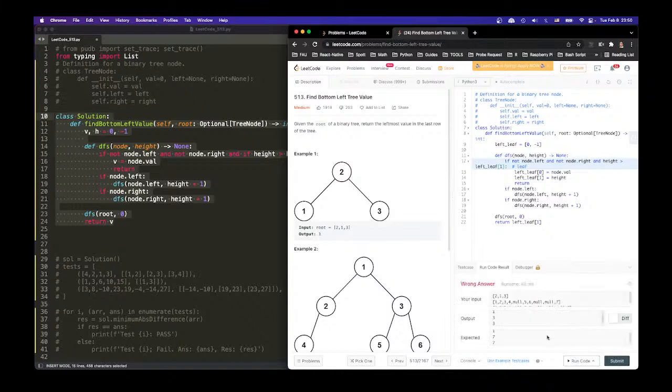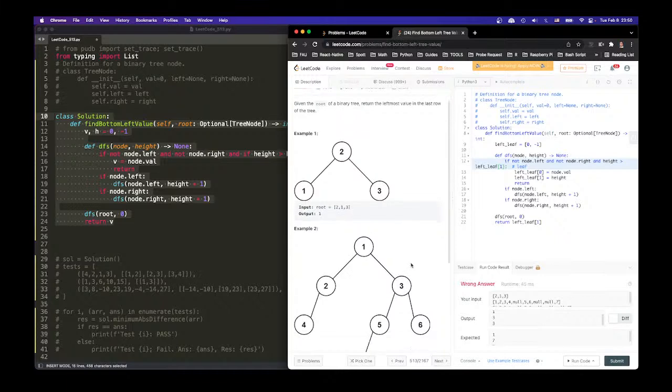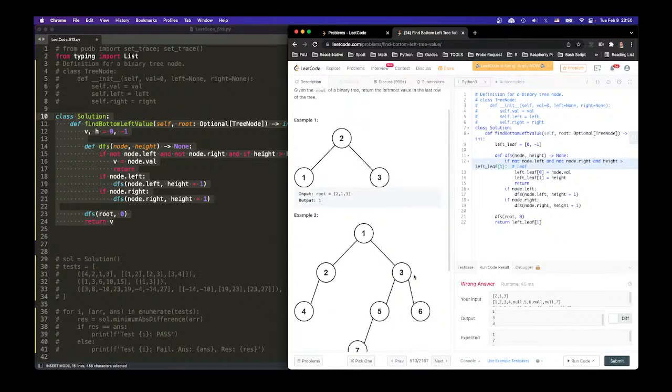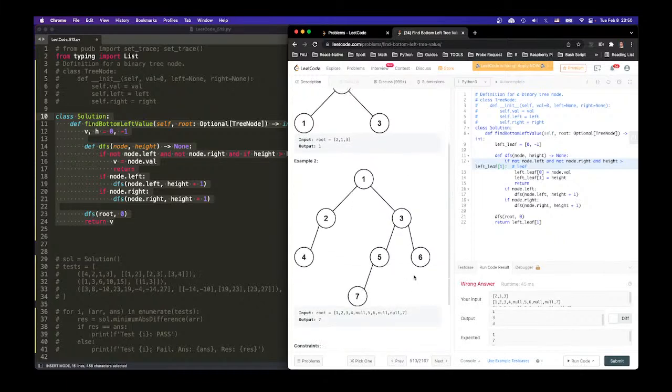That's still not right. That's 3. What the hell? Well, it's fine, we'll update the 3, but then I go to 5.